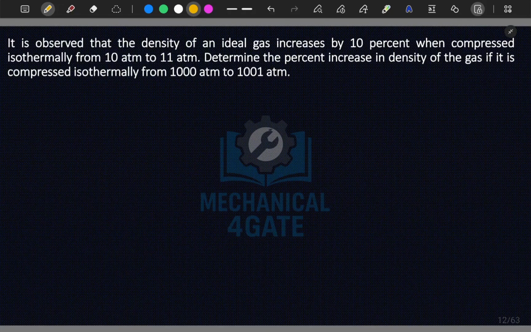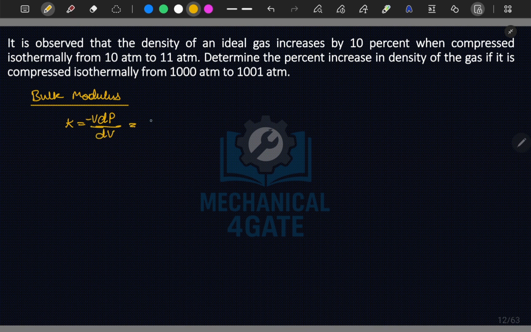Okay, so we know that we can represent the isothermal bulk modulus K as minus V dP upon dV, or it can be written as rho dP by d rho. Now what is given here?